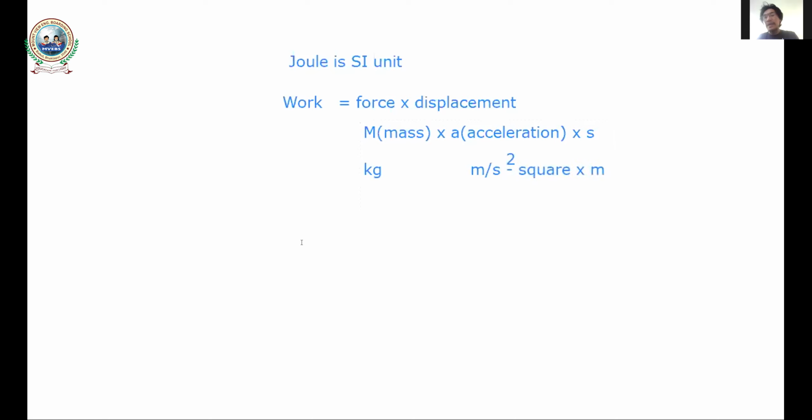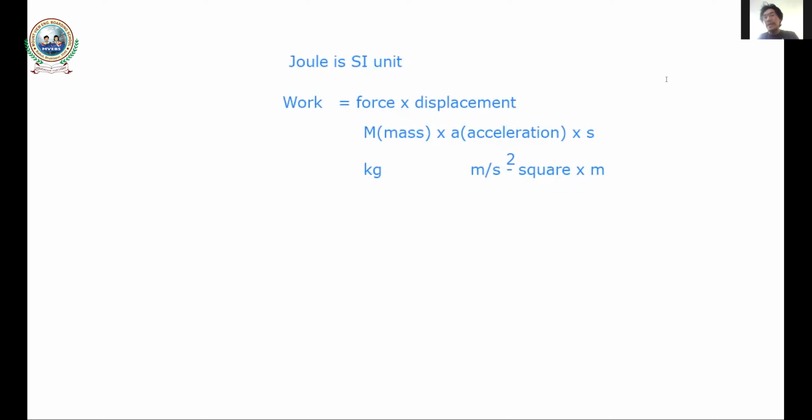Means you are asked to get the fundamental units of joule, and you have started doing the problem. The first step, what you have done, you have mentioned the quantity. Joule is the SI unit of work. Then the second step is to write the formula of quantity.